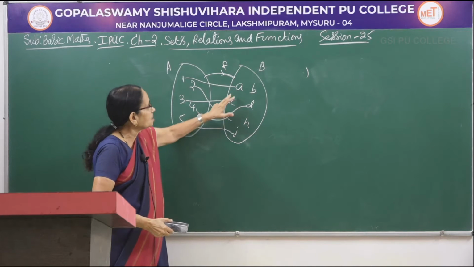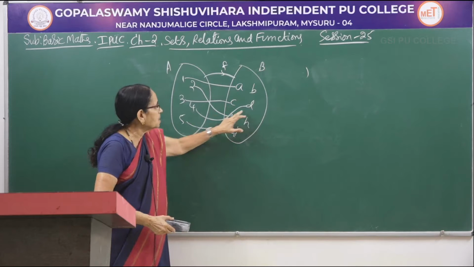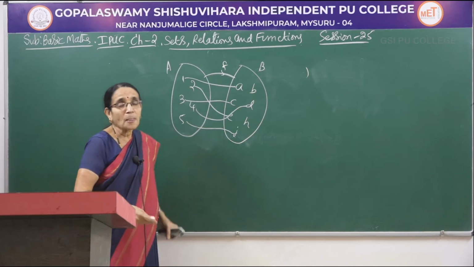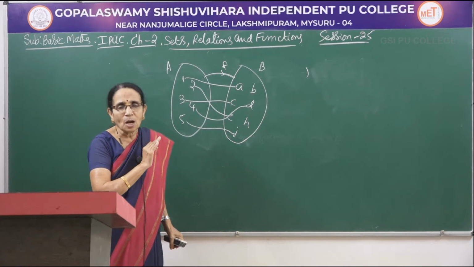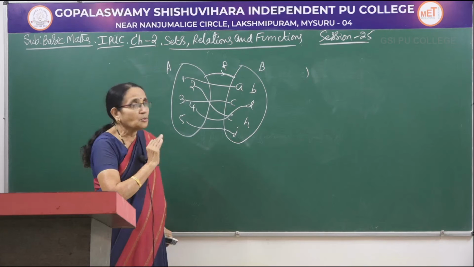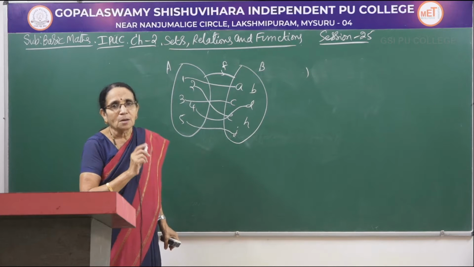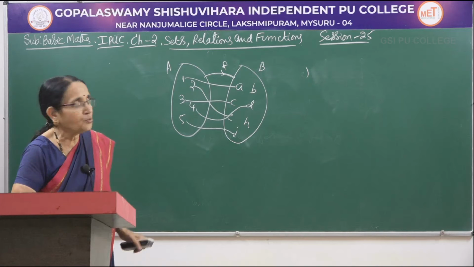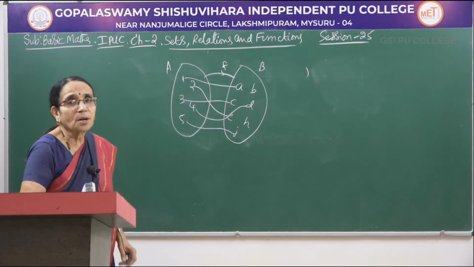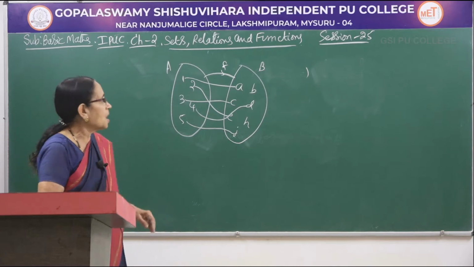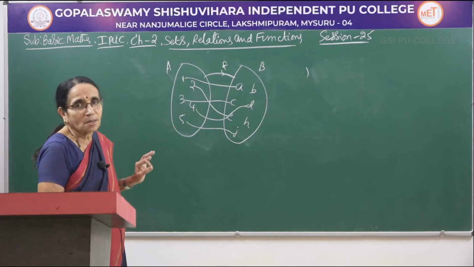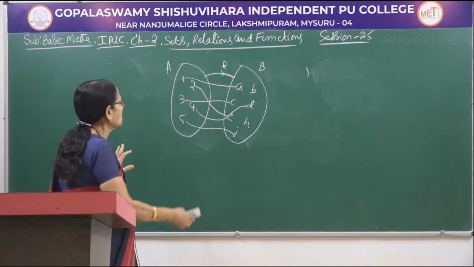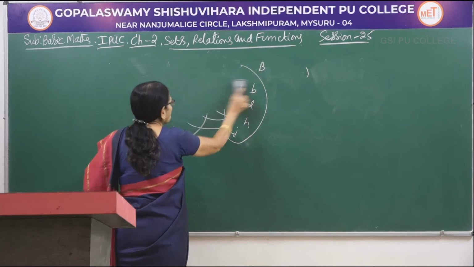How many images are there? 1, 2, 3, 4 and 5. So, 5 elements are from A and 5 images are from B. So, this is considered a 1-1 function, that is, different elements of the set A have different images in the set B. This is known as a 1-1 function.